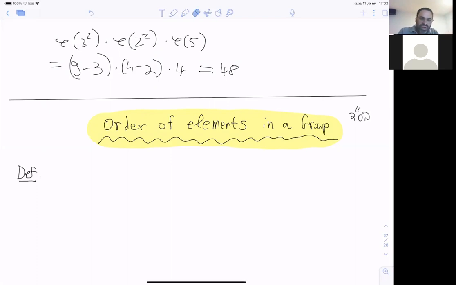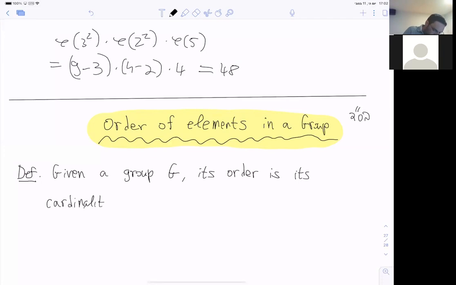First, we're gonna define the order of the whole group, and then the order of an element in the group. Okay, so given a group G, its order is its cardinality.